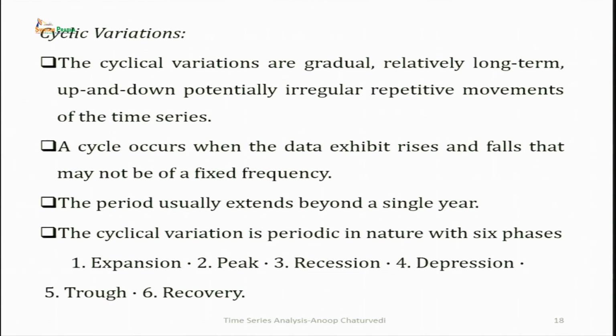In cyclical variations, the period of a cycle is usually more than 1 year, whereas in seasonal variations it is usually less than 1 year. A cycle occurs when the data exhibit rises and falls that may not be of a fixed frequency.